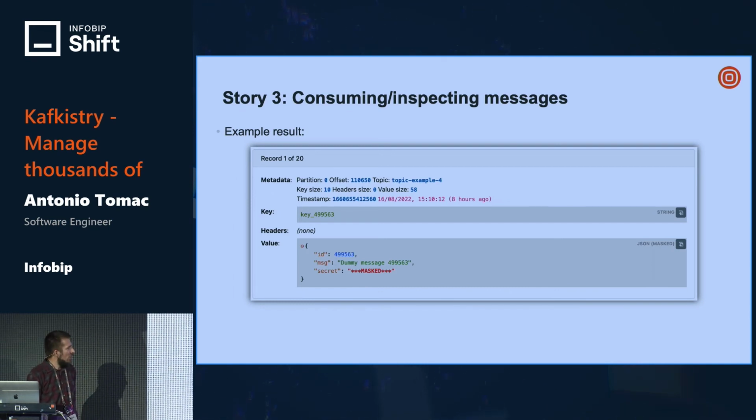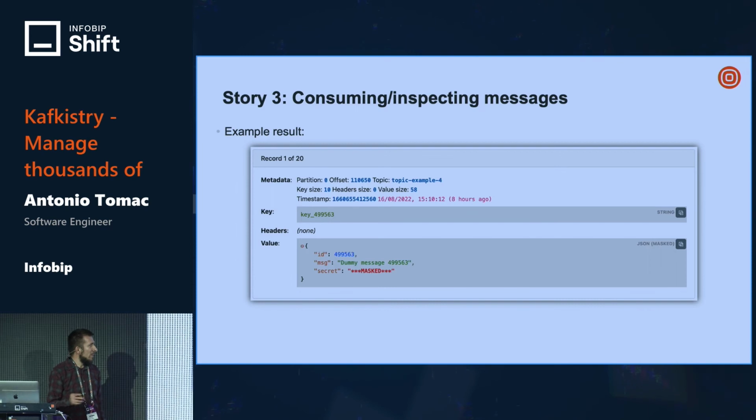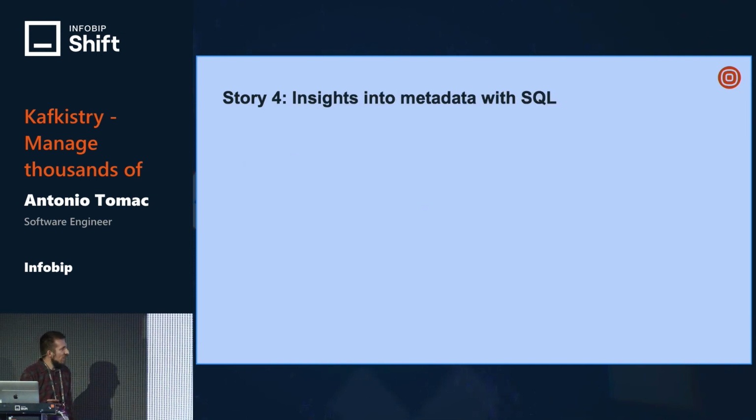And you can note that it has some masked field. This is a feature if you care about security, that Kafkistry can mask some data which even developers aren't supposed to see.